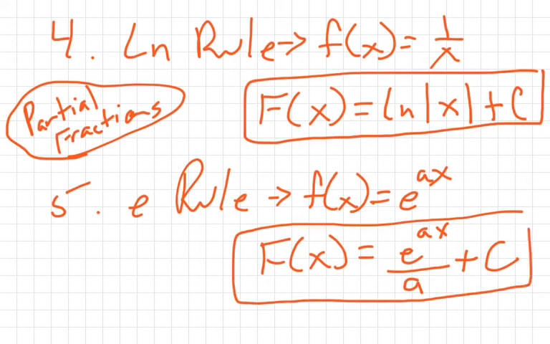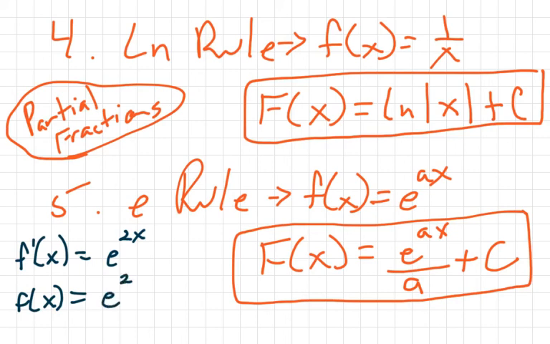And you can go and make up your own example. I mean, if we had f prime of x equal to e to the 2x, you could say f of x then must have been, using that rule, e to the 2x divided by 2.